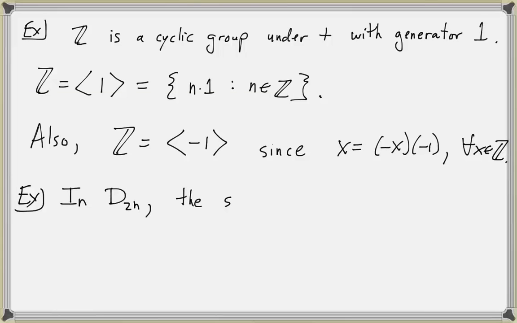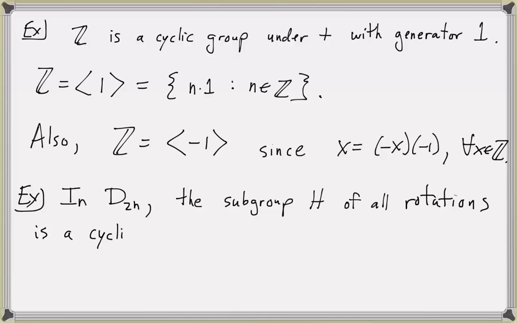So the subgroup, let's call it H, of all rotations is actually a cyclic subgroup with generator R.